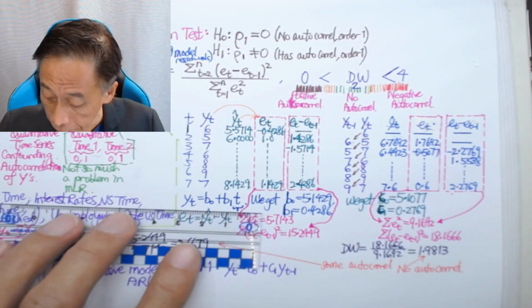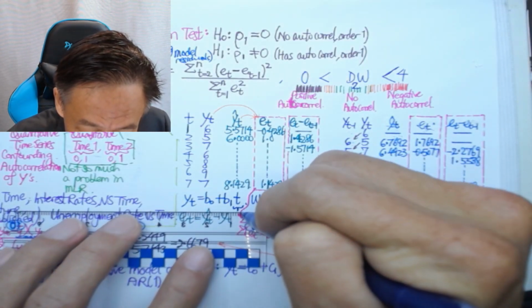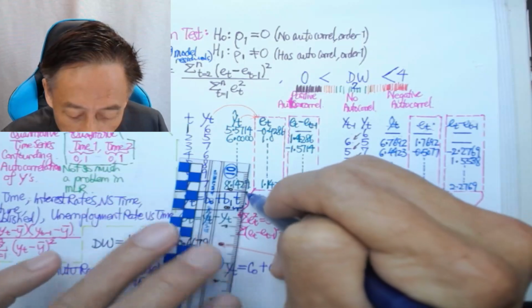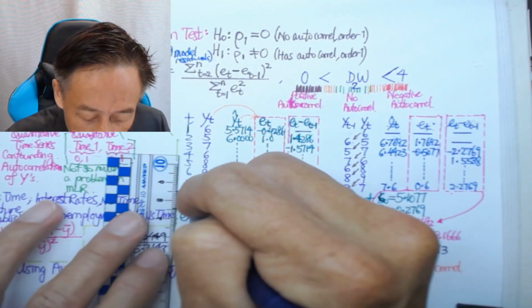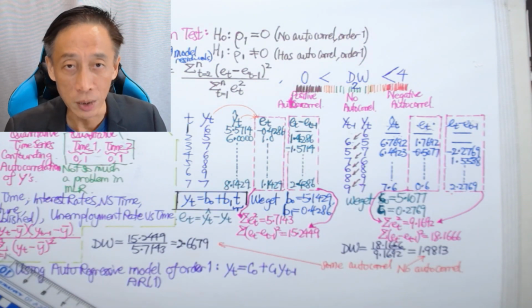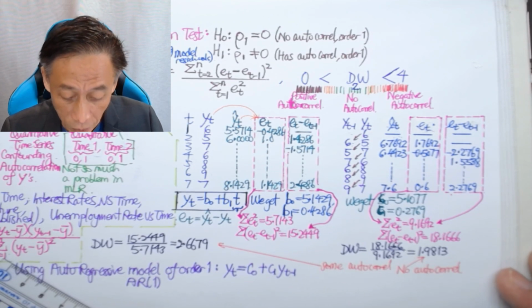Okay, so the advantage is whenever your Durbin-Watson shows that your original model, where's our original model? Right, this model, our original model is suffering from some sort of auto-regressive behavior. And for practical purposes, auto-regressive behavior typically means order 1 auto-regressive behavior.